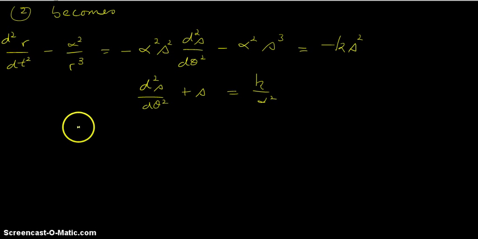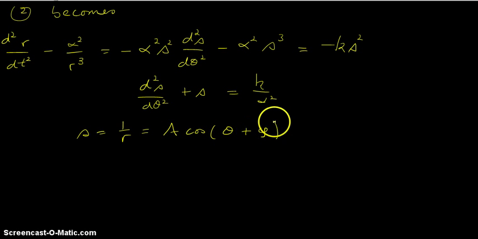And as we saw in the preliminaries, this means that s, which as we know is 1 on r, is of the form a cos theta plus phi plus k over alpha squared. So it's looking very good.